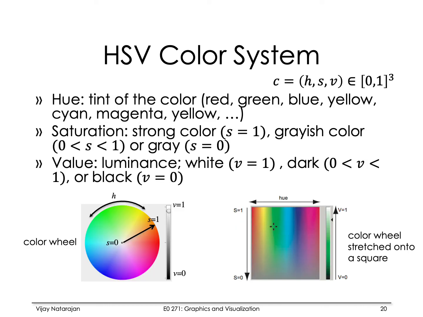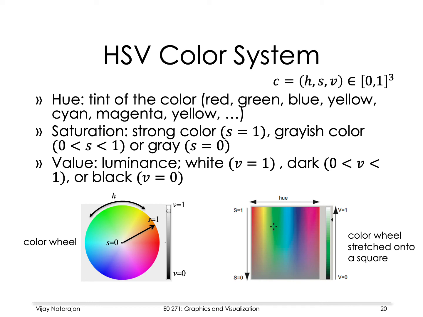A more popular and useful color space is the HSV color space. Here again, you have 3 coordinates that go from 0 to 1. The first coordinate is hue. This actually gives you the true tint of the color, such as cyan, magenta, blue, and so on. The second coordinate tells you the saturation of that tint.